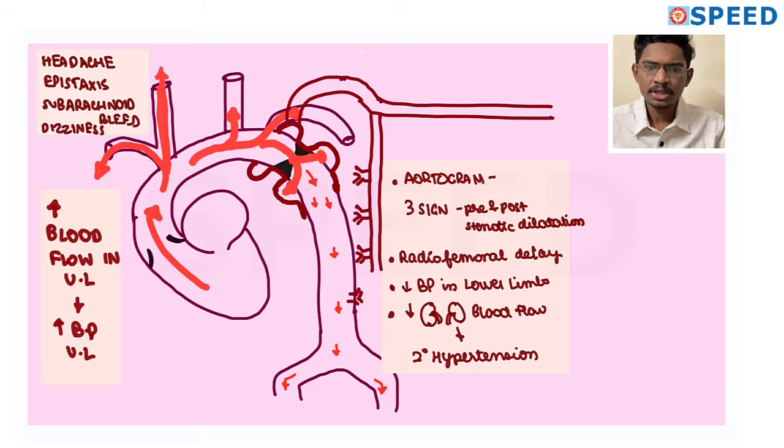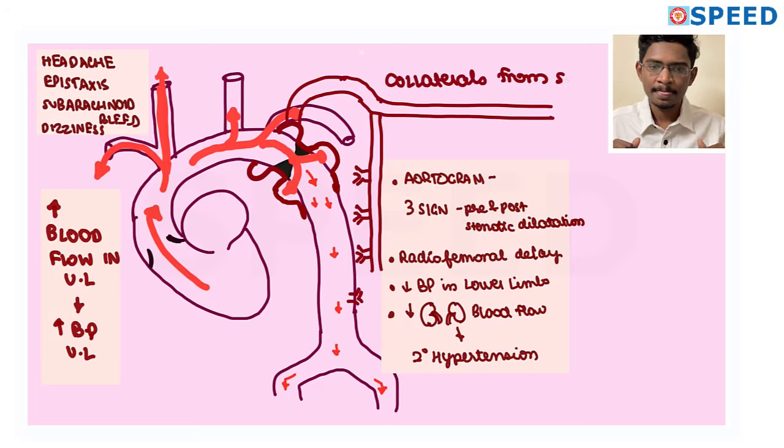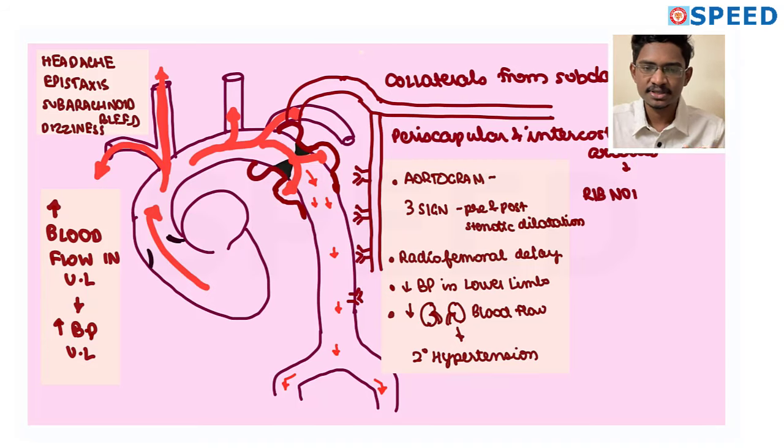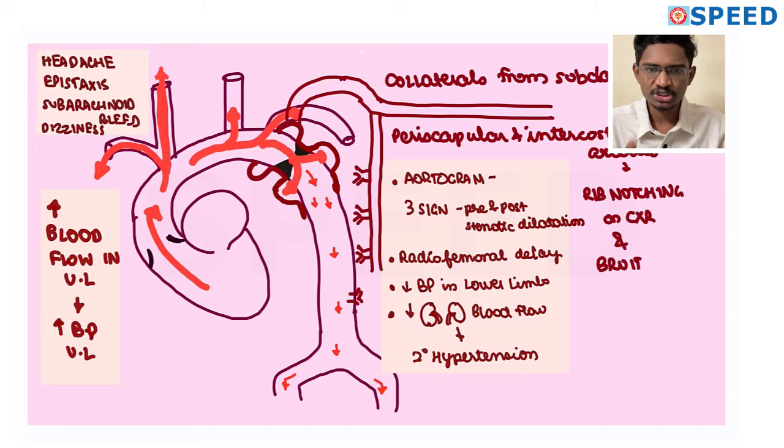Now there is no aorta to supply these intercostal muscles. What will happen now? Collaterals start to form from the subclavian artery to supply these intercostal muscles. This produces dilated vessels around the ribs, and over time it will erode the ribs, causing rib notching. You understood? All the clinical features of coarctation of aorta, we saw in a single picture. This is nothing but coarctation of aorta.